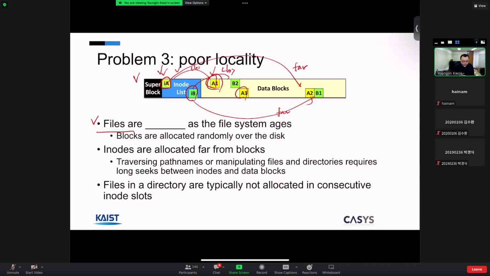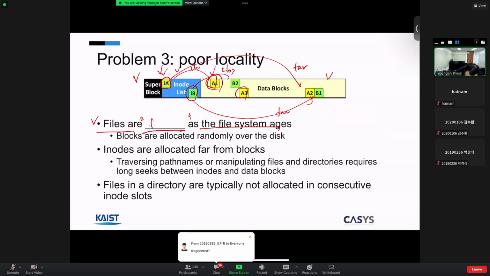Files usually something as the system ages. What's the blank? What am I talking about? This symptom. Files are what? File blocks are what? What happened? Fragmenting. Scattered.